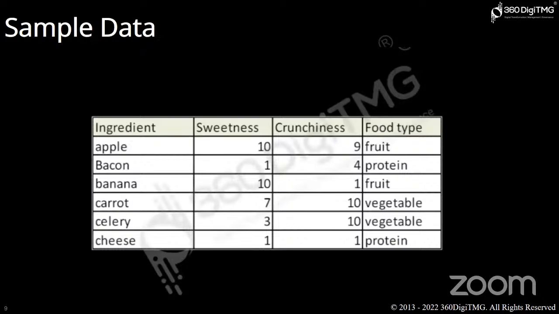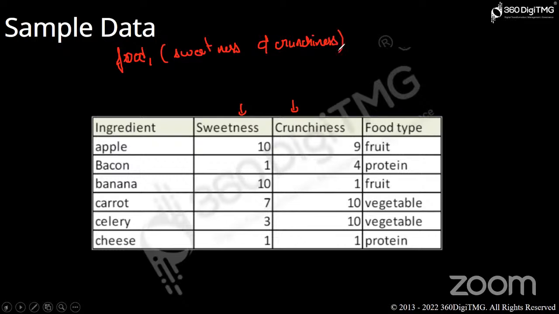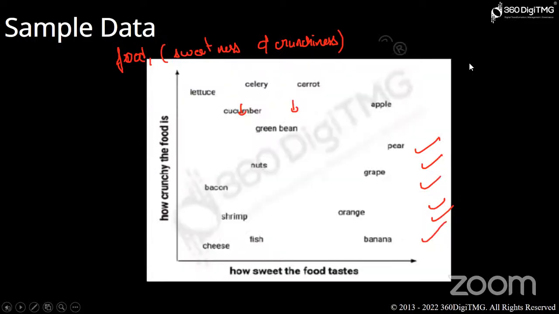We are trying to classify different kinds of food items based on their sweetness and crunchiness. The basis is sweetness and crunchiness. All right, so we have fruit, protein, fruit, vegetable, and protein. All right, so let's try to classify it.